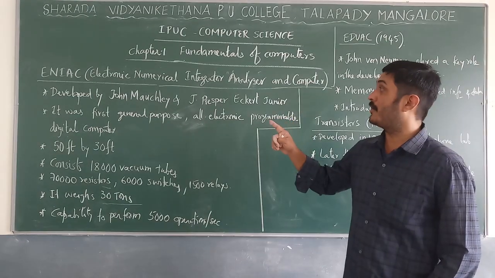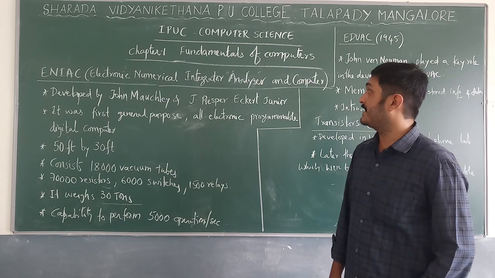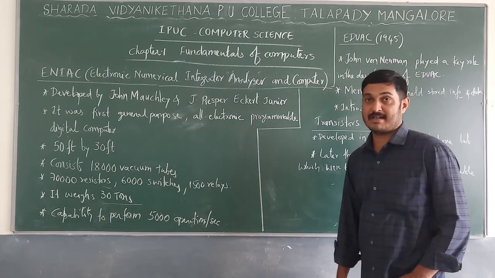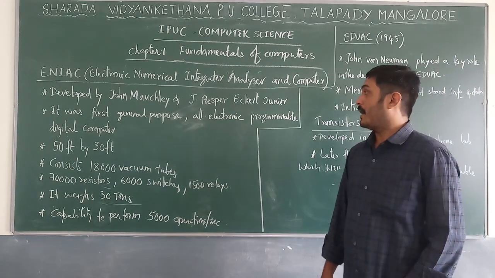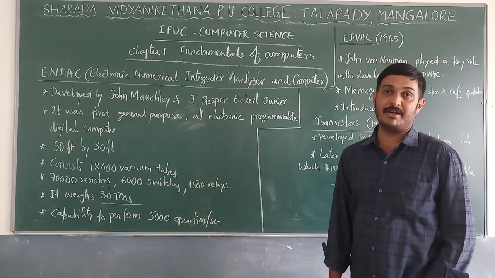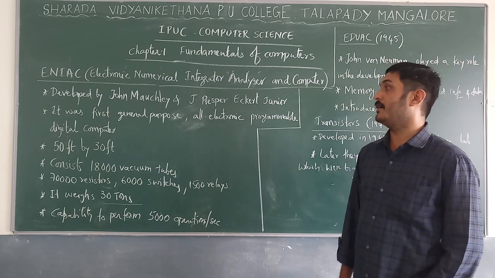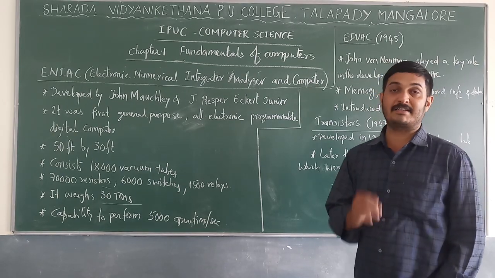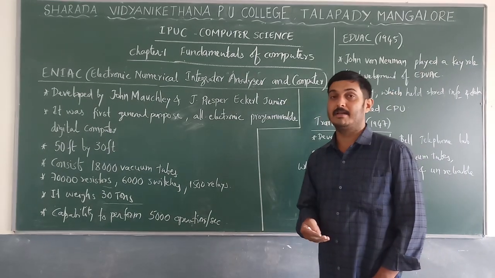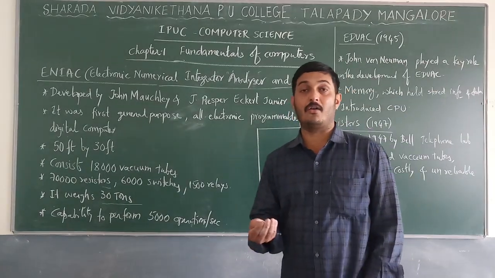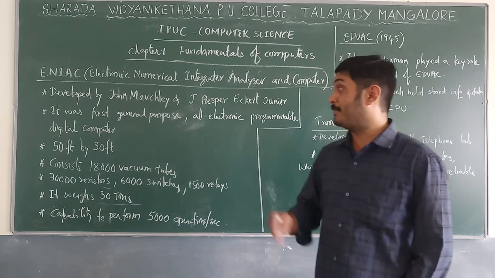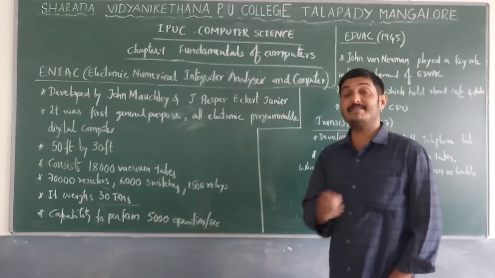ENIAC means Electronic Numerical Integrator, Analyzer and Computer, and it was invented by John Mauchly and J. Presper Eckert Jr. It was the first general purpose computer. General purpose means, see, the Howard computer is specially meant for mathematics or statistics students, but ENIAC is general purpose.